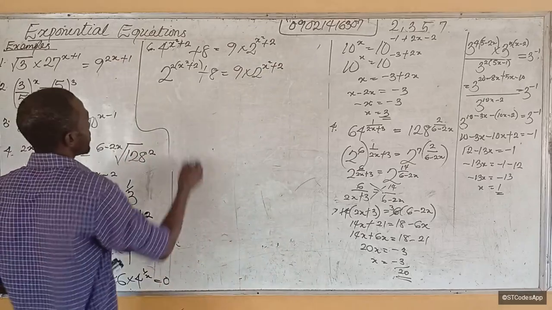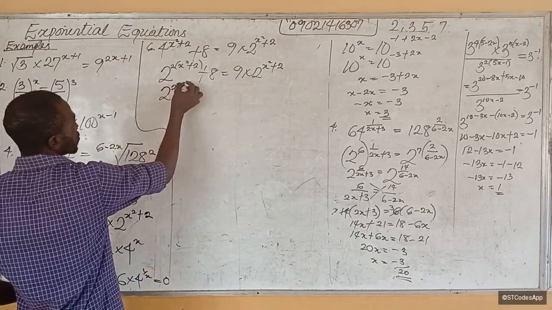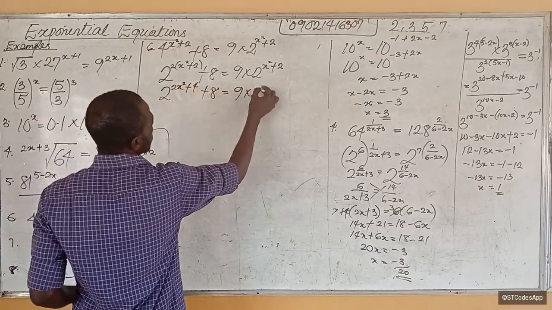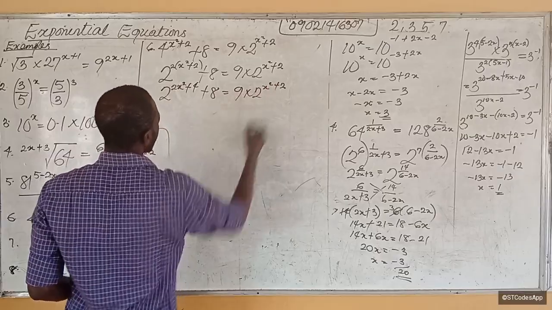So if this is the case, then I have 2 raised to the power 2x squared plus 4 plus 8 is equal to 9 times 2 raised to the power x squared plus 2.